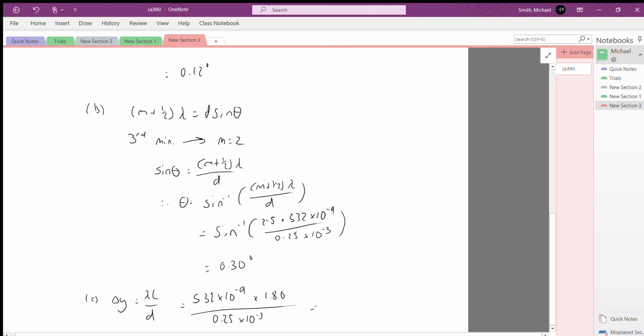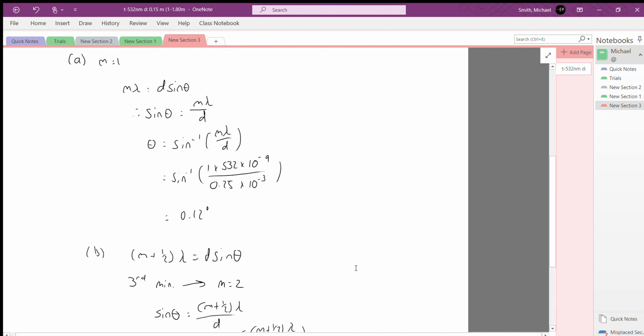And if we substitute that into our calculator, we get 3.83 times 10 to the power of minus 3 meters. That's fine. I think it looks a little bit nicer if we write that as 3.83 millimeters.